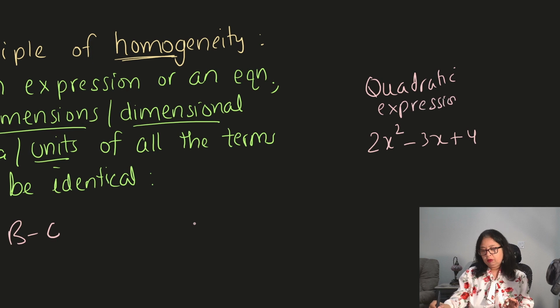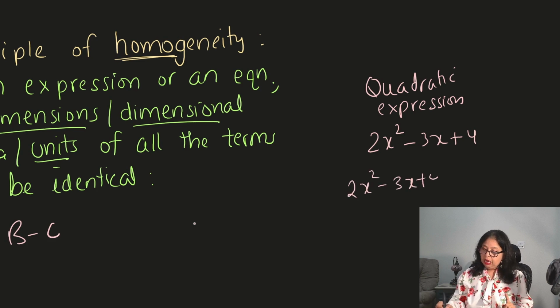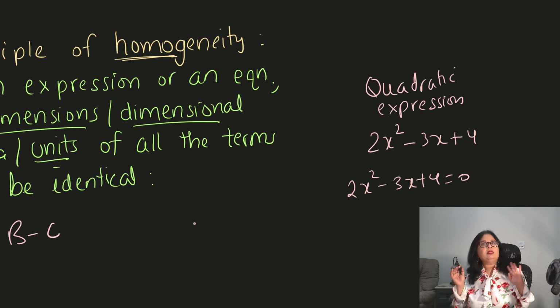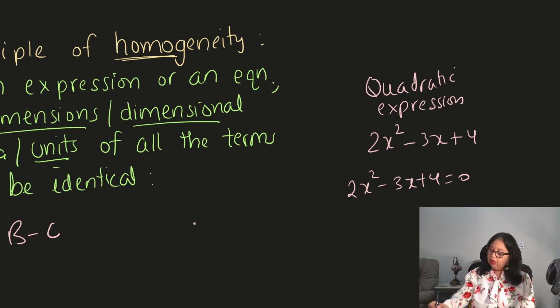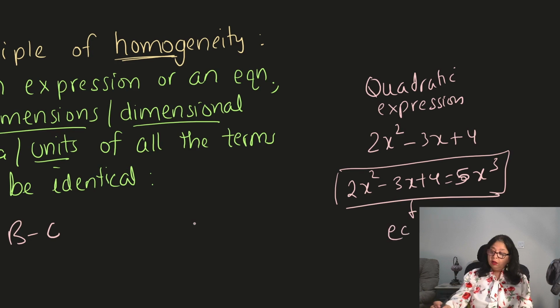Why? Because there is no equal sign here. So the moment I put an equal sign and put a 0 there on the right hand side, or anything else for that matter, it didn't have to be 0, I could have had 5x cubed. Now it's not quadratic, but now this is an equation. So an equation has an equal sign, while an expression does not have an equal sign.